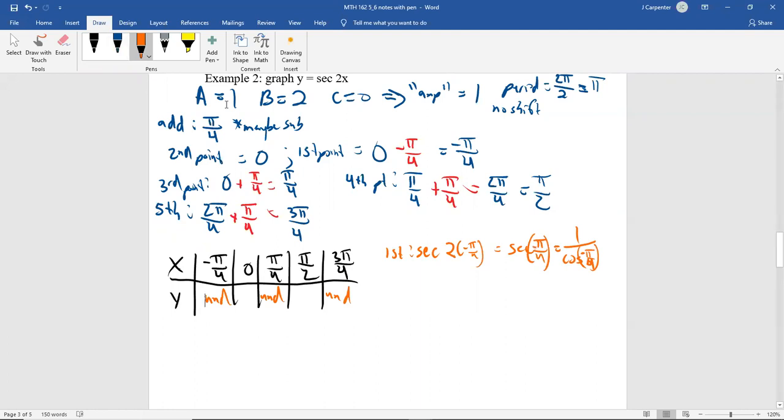Well, cosine of pi over 4 is square root of 2, hold on, pi over 4. No, 2. What? I knew something looked wrong. I keep looking at the pi over 4s over here. The 2 and the 4 reduced to a 2. There we go.